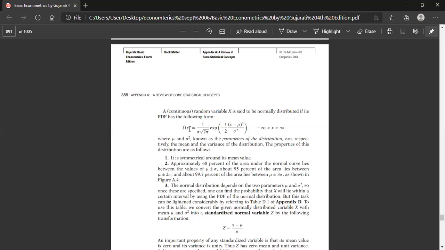If you look at this density function, if you know mu and sigma square, what is mu? The mean of this random variable x, the expected value of x. What is sigma square? Standard deviation.